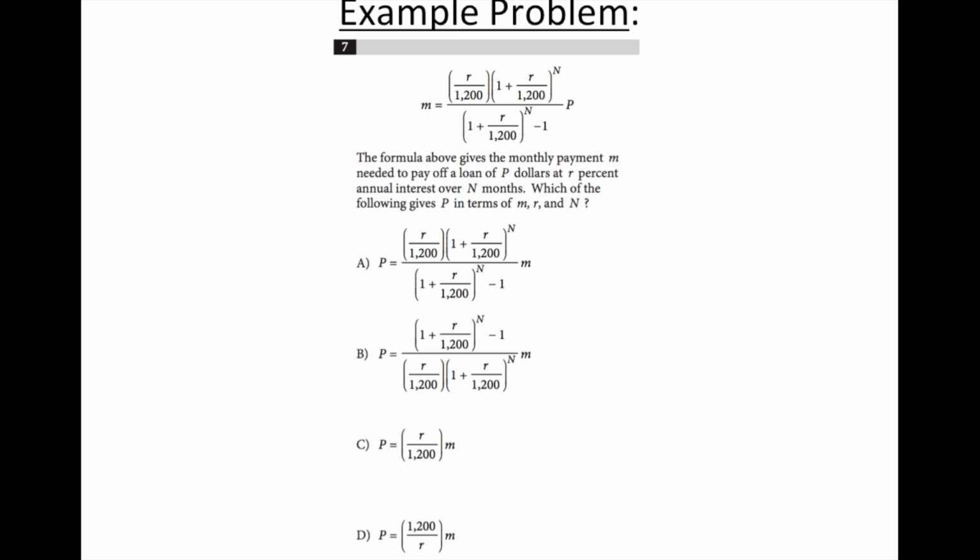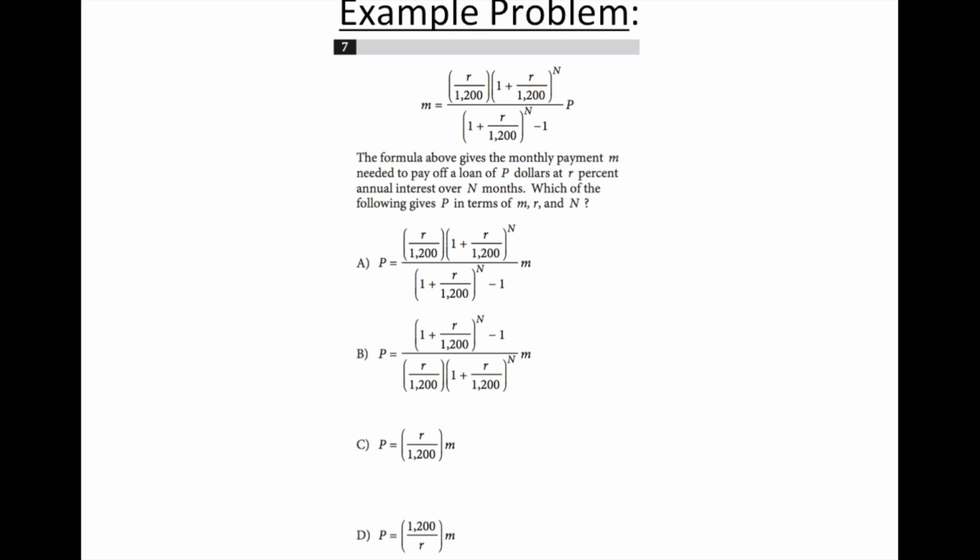But on the denominator, a lot of students will see that as two terms, which is incorrect. Anything on the denominator will be its own term. You cannot split that fraction into two separate terms in which you have 1 plus r over 1200 to the n as one denominator and negative 1 as the other. You can do that with a numerator.